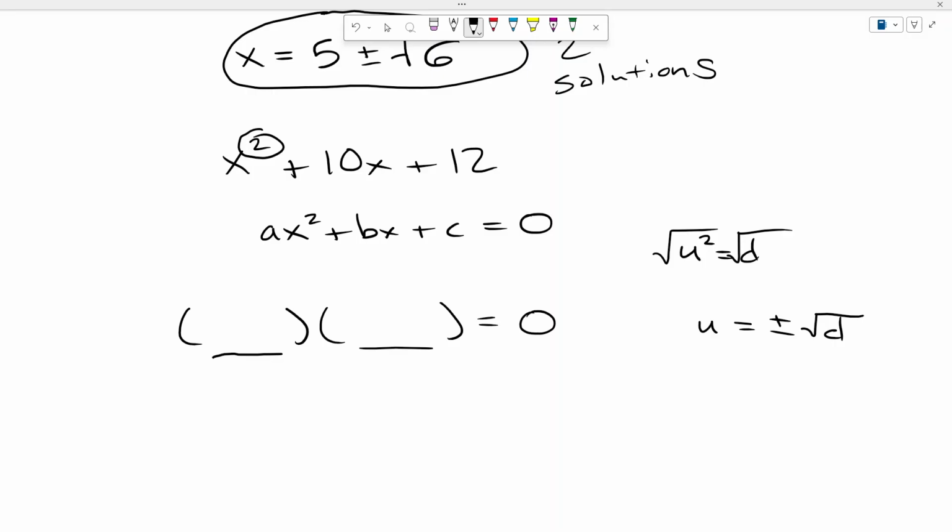So factoring and the square root property. So we have 2 ways that we can solve quadratic equations so far. 2 very useful methods. And then we're going to add to that in the next video with a couple more.